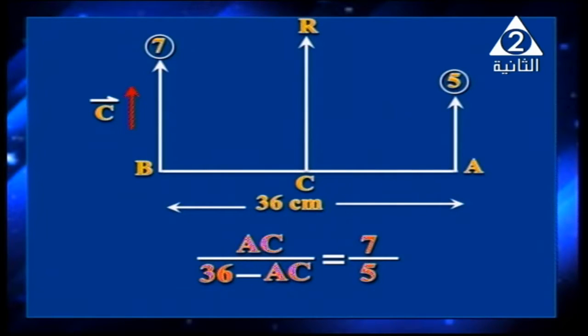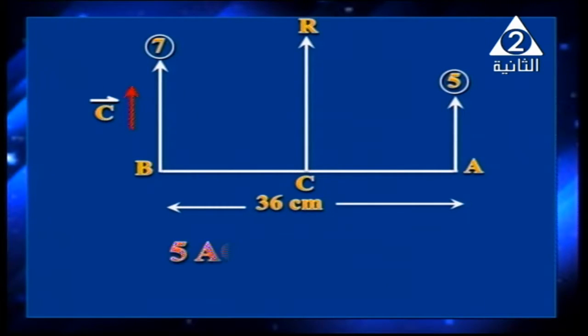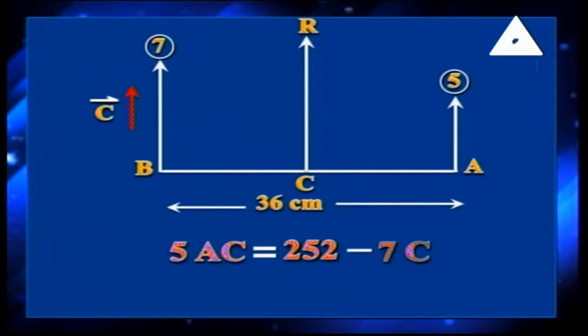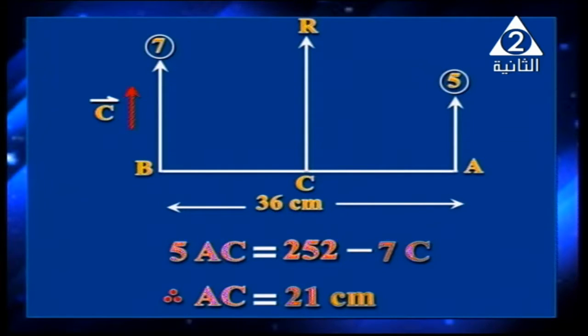In this method, we write AC over 36 minus AC equals 7 over 5. By using cross multiplication, 5AC equals 252 minus 7AC. Therefore, 5AC plus 7AC equals 252, that is 12AC equals 252.